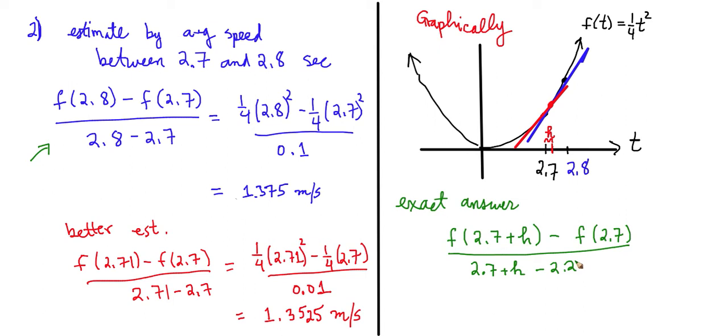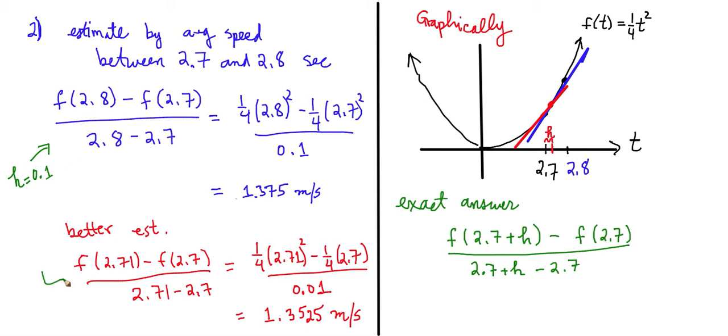And I realize, yes, this denominator is going to simplify, but I will simplify it later. So in this example here, h is exactly equal to 0.1. So 2.8 is 0.1 bigger than 2.7.